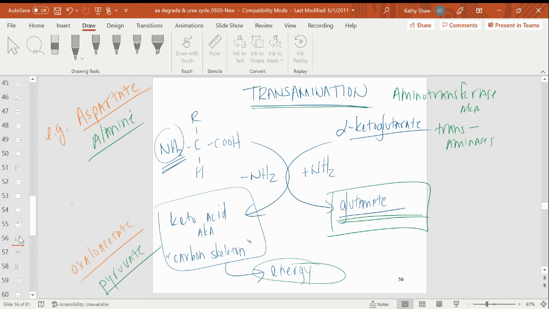Remember with transamination, there's something really important about it. Transamination is a reversible process.